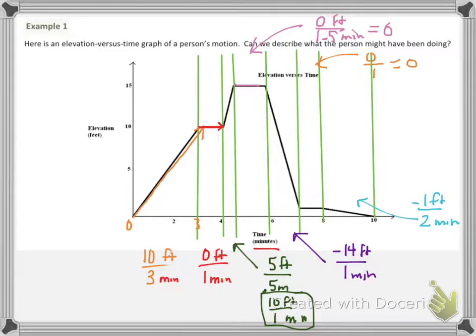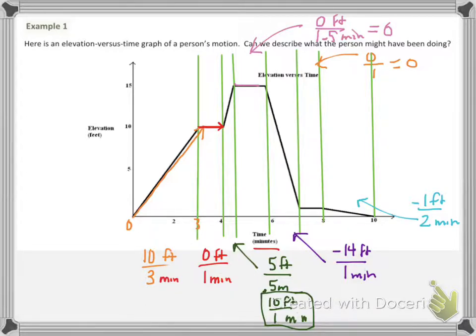Well, there's definitely some going up, some not going anywhere, up or down, and then some going down areas. So maybe it's a flight of stairs, like the example we had in class. Maybe it is a ladder, except for the time interval.